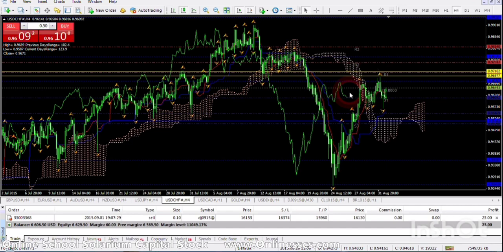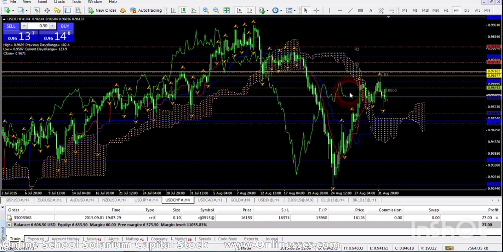I could do a buy position here and put my stop loss above my cloud, and I put my TP around here. Yeah, it has hit this flat and came back.